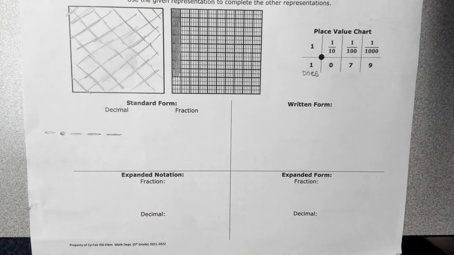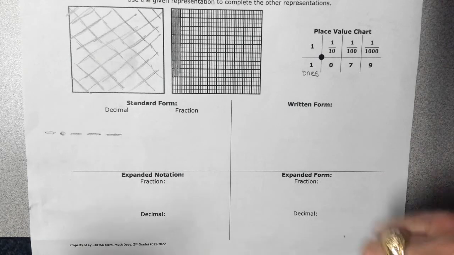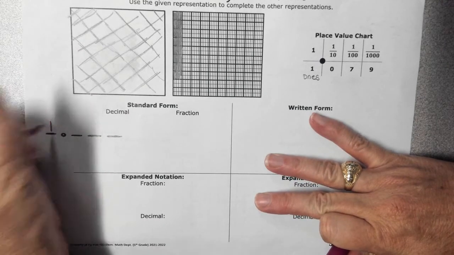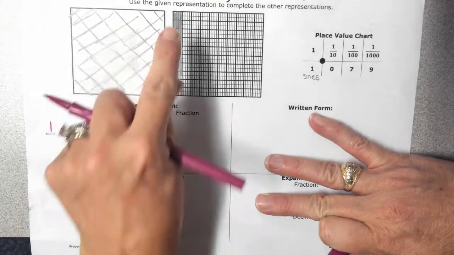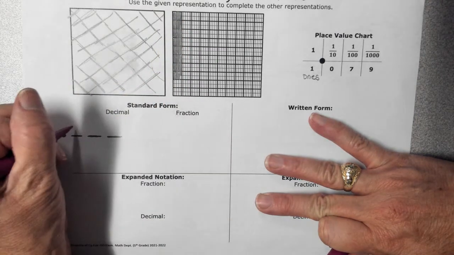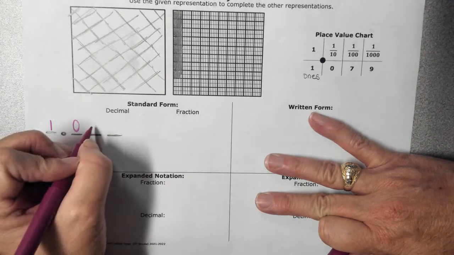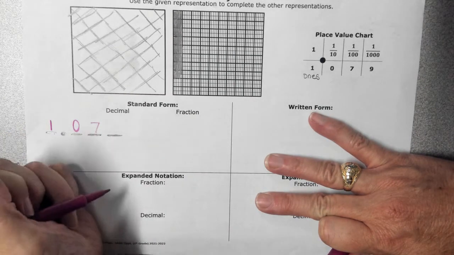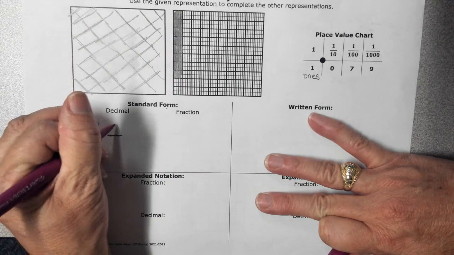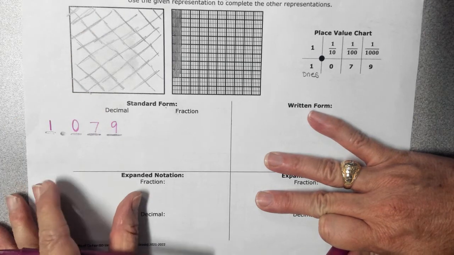So as I begin to think about what numbers go where, I know that we have one whole. We had 0 tenths. I had 7 hundredths. And then I had 9 thousandths.